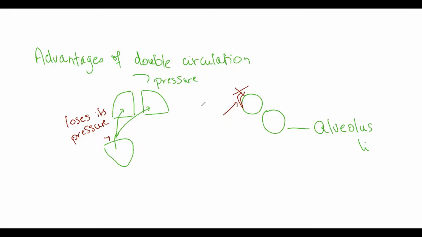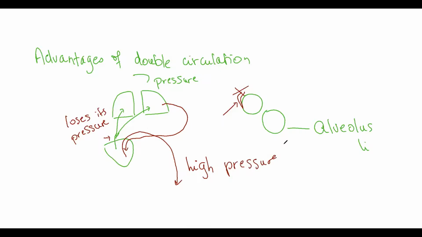But when the exchange of gases happens and the blood returns back to the heart, the heart is going to pump the blood to all the body with a high pressure. Why will the heart pump the blood with a very high pressure?